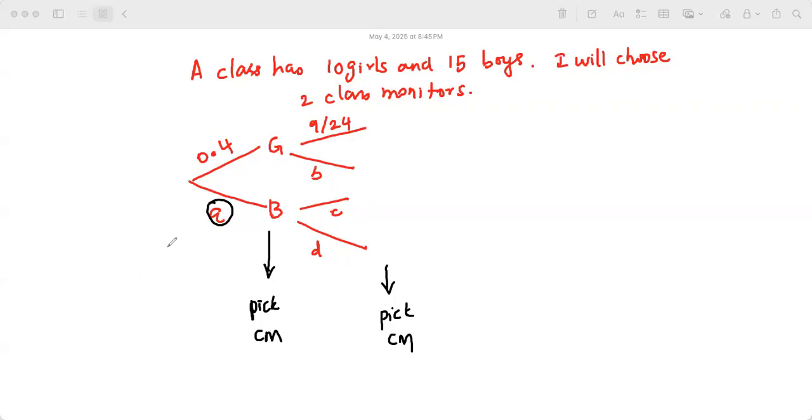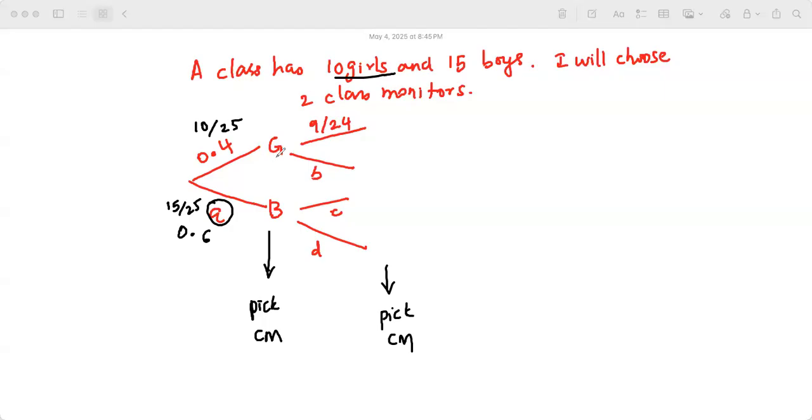Anybody can shout out. 0.6. Not 0.6, because 0.4 was the probability of picking up a girl. How did that 0.4 come? There are 10 girls and 15 boys. So the chance of a girl getting picked is 10 out of 25, which is 0.4. The rest of it is 15 by 25, which is 0.6.